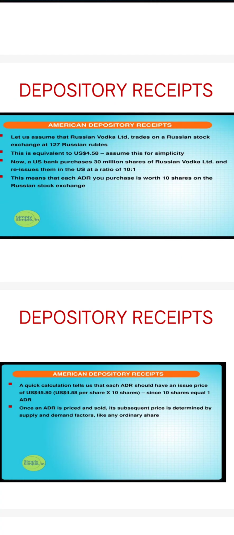Let us assume that Russian Vodka Limited trades on the Russian stock exchange at 127 Russian rubles. This is equivalent to US dollar 4.58, assumed for simplicity. Now, a US bank purchases 30 million shares of Russian Vodka Limited and reissues them in the US at a ratio of 10:1.